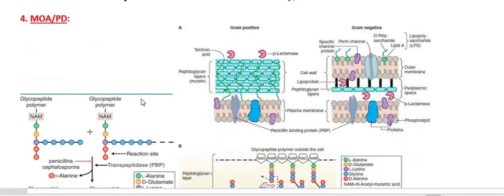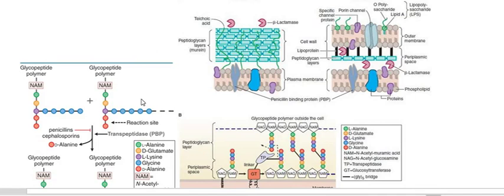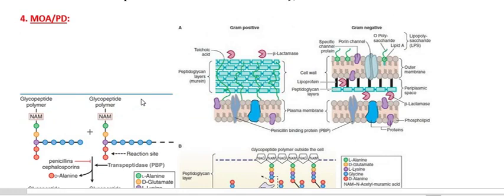Now we have to go through the pharmacodynamics, or mechanism of action, and this is very, very important and interesting. Try to listen carefully, and then you will understand how this beta lactam drug kills the bacteria.